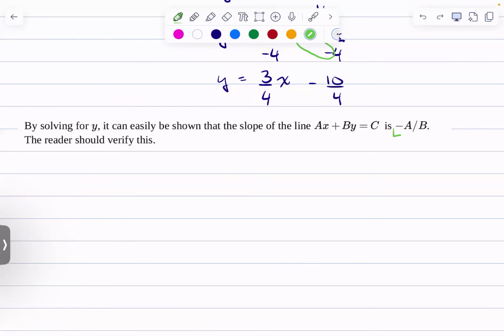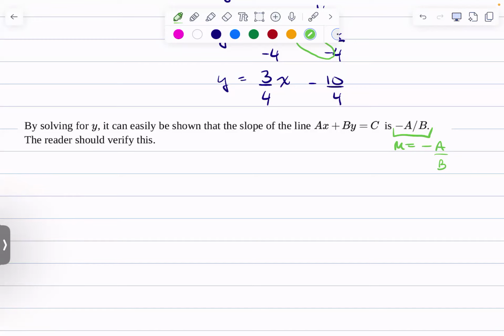So here, m is negative a over b. So if you have the standard form of the line, and everything's simplified, then you also have the slope of the line, if you want to remember this shortcut.